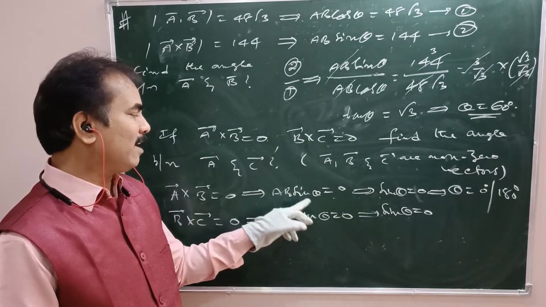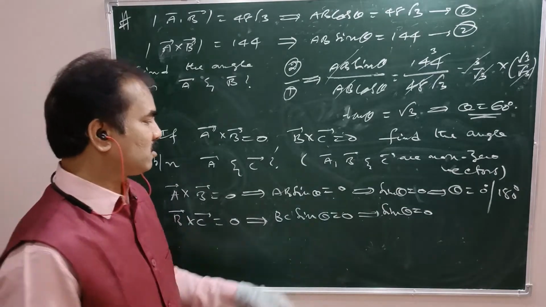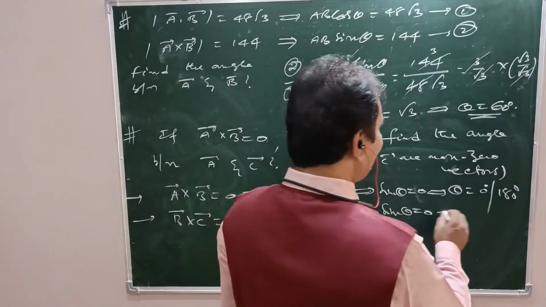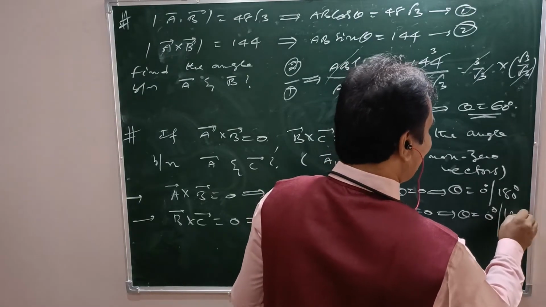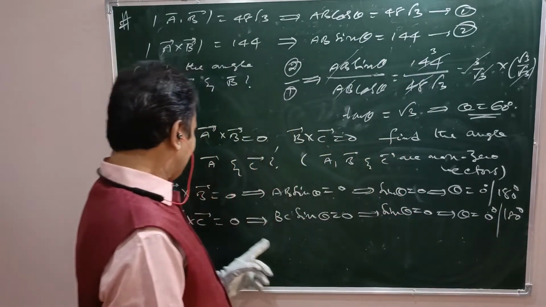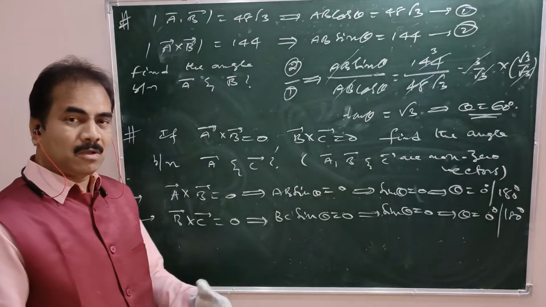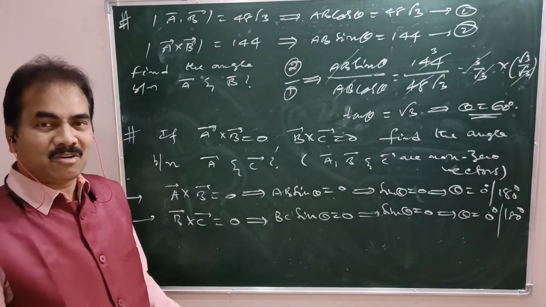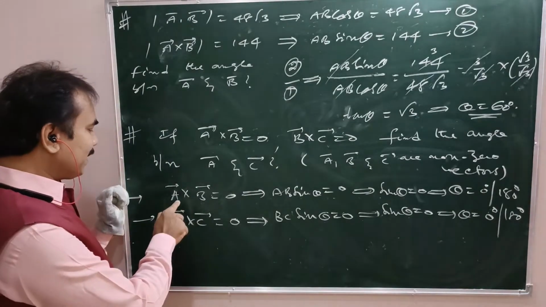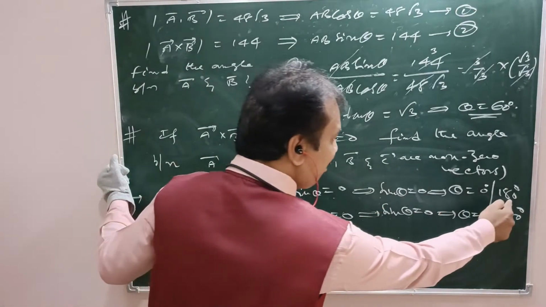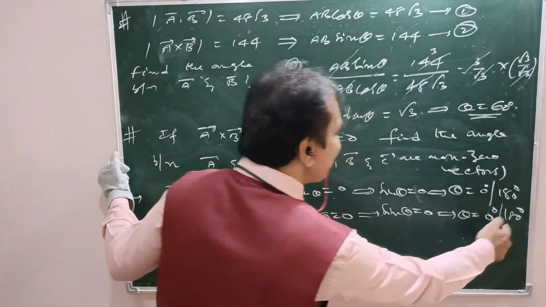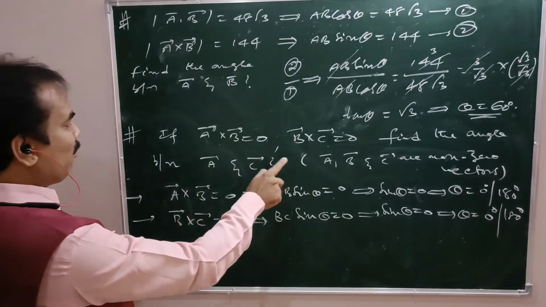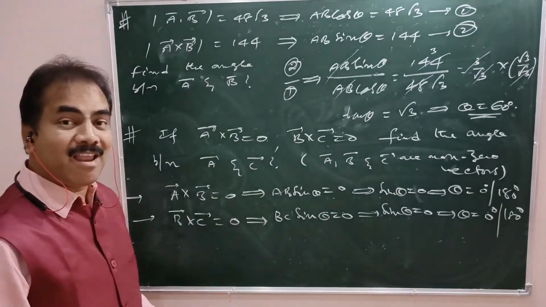So therefore sin theta must be 0 in both steps. Sin theta 0 in the sense again theta either 0 or 180 degrees. See, B bar and C bar also either parallel or anti-parallel to each other. Once again, A bar and B bar either parallel or anti-parallel. B bar and C bar also either parallel or anti-parallel. So obviously, what about A bar and C bar?